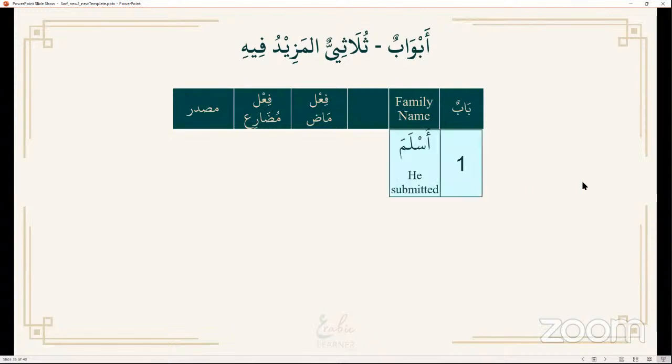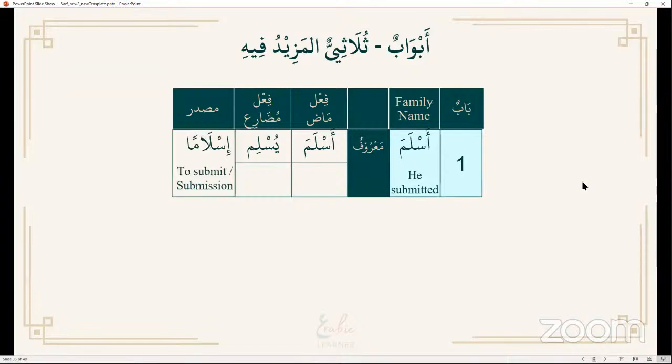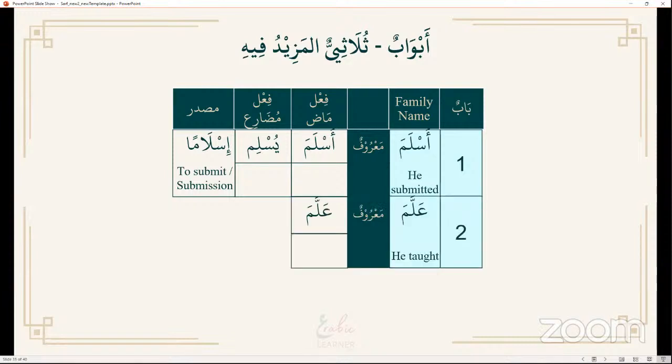Again, let's revise them. Aslama yuslimu islaman. Allama yuallimu ta'liman. Aslama yuslimu islaman. If I am very fast, let me know.